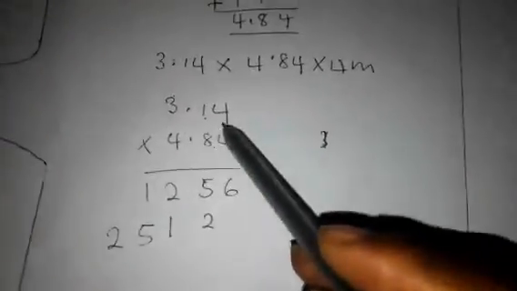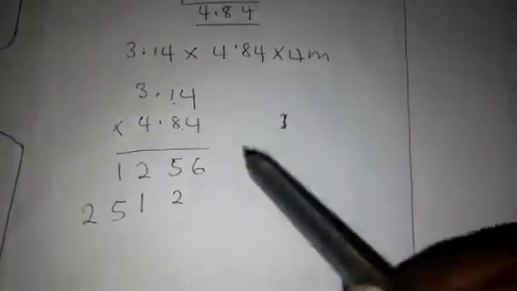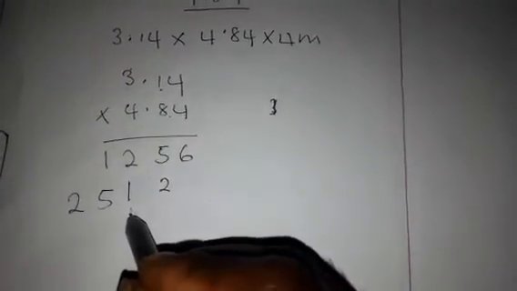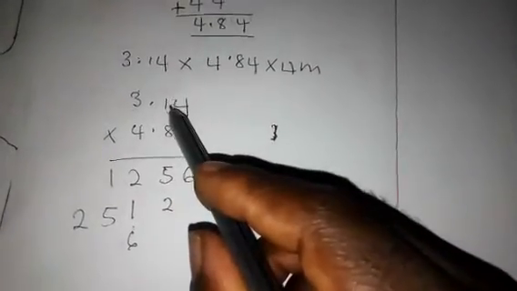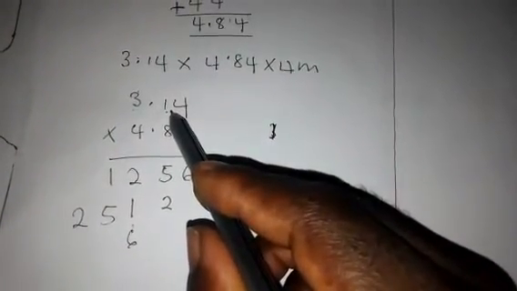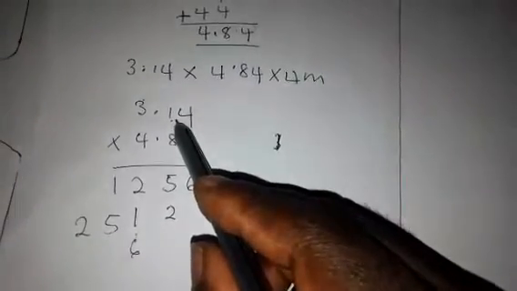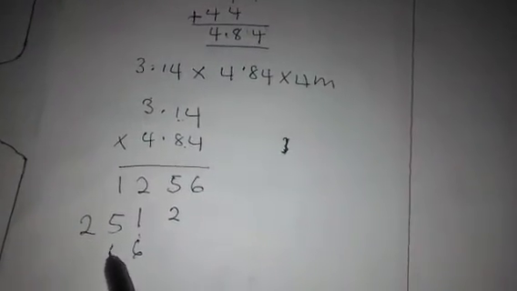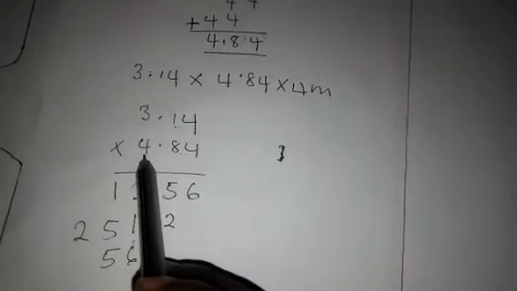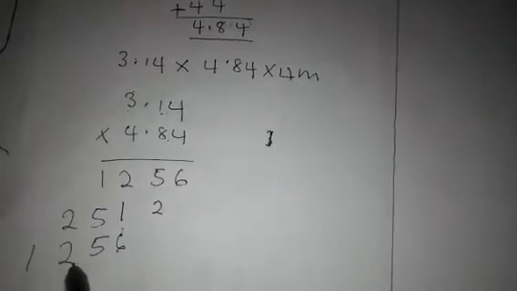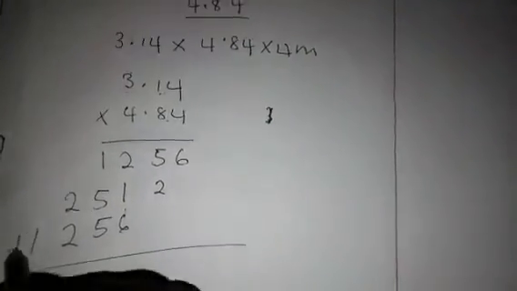Moving on, we then take 4 times 4, which is 16. You write 6, remainder 1. 4 times 1 is 4, plus 1 gives you 5. 4 times 3 is 12. Then we add.